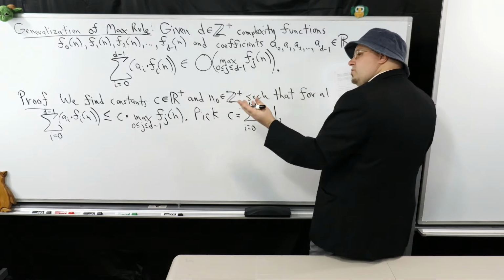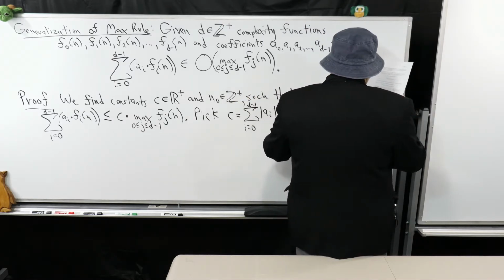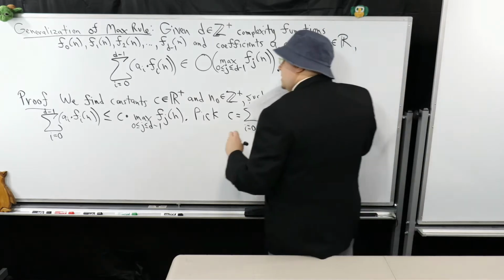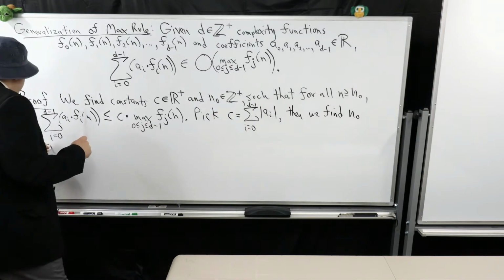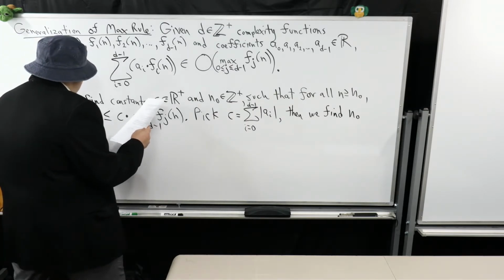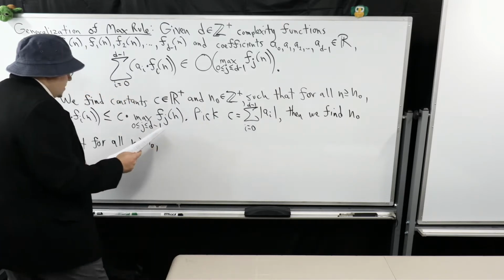So now what we need to find out is what n0 is. Then we find n0 such that for all n greater or equal to n0, the following holds.